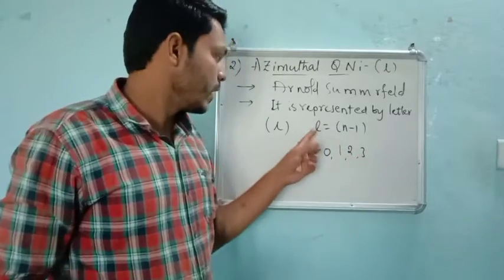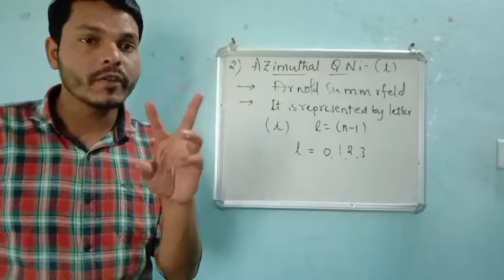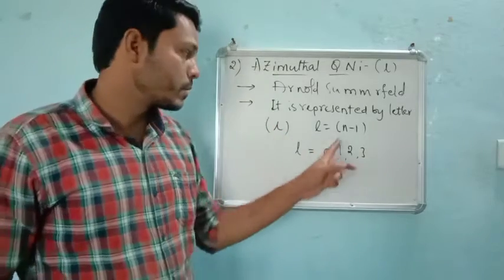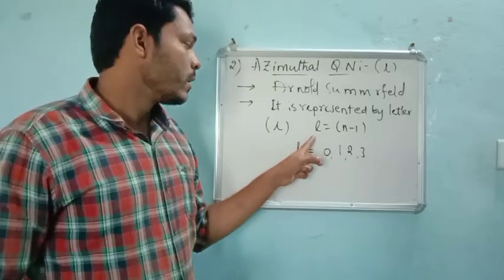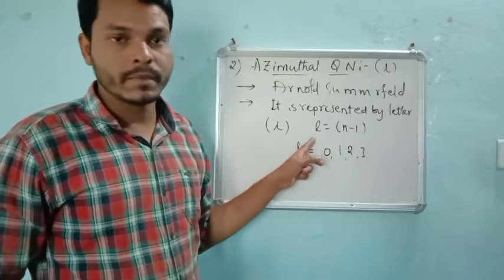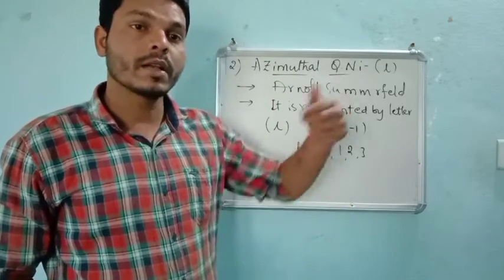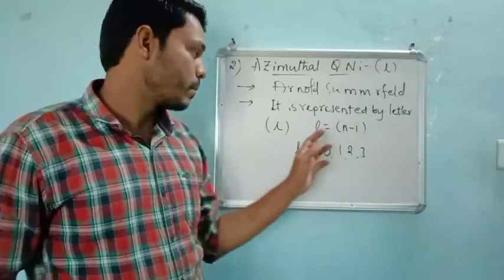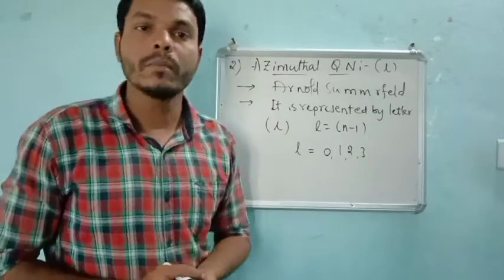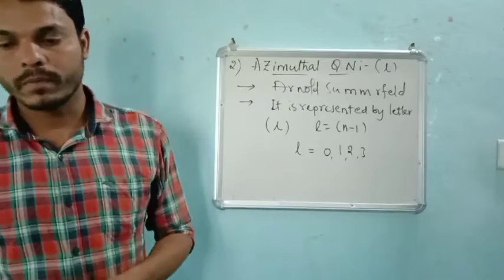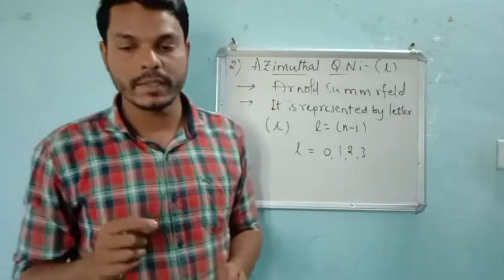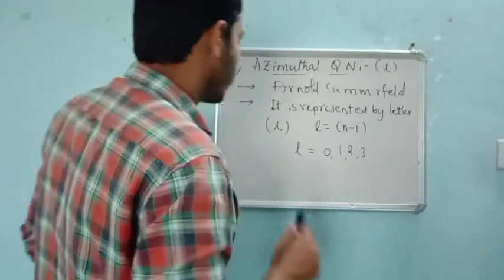That means the principal quantum number always has one extra number as compared to the azimuthal quantum number, right?